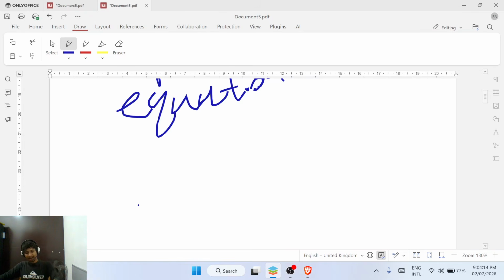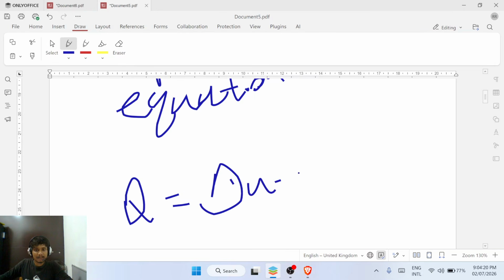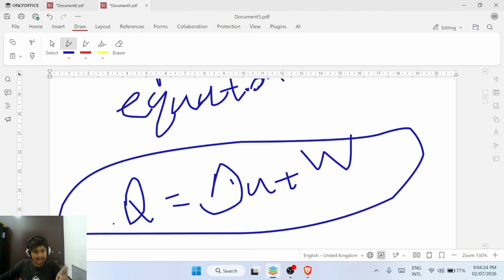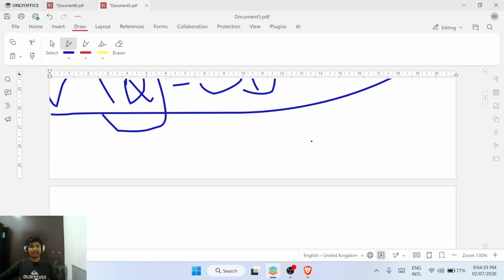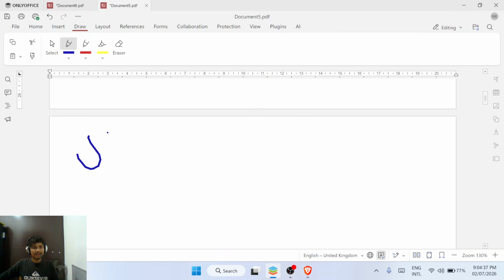It is Q is equal to delta U plus W. This is the non-flow energy equation. Now, what is the steady flow equation?